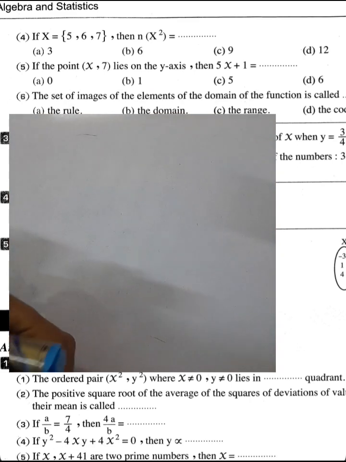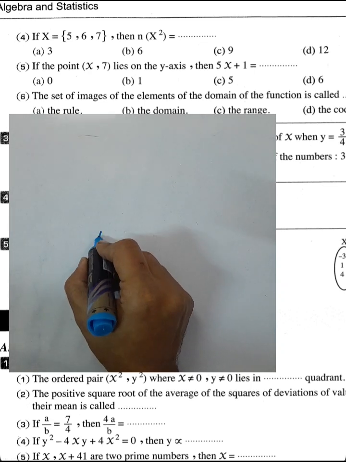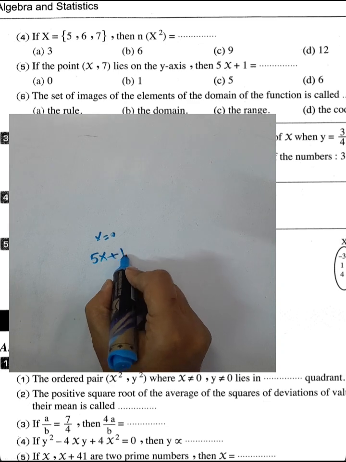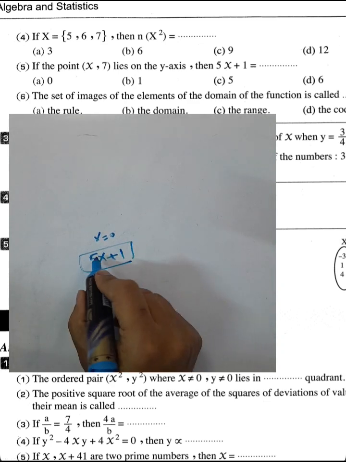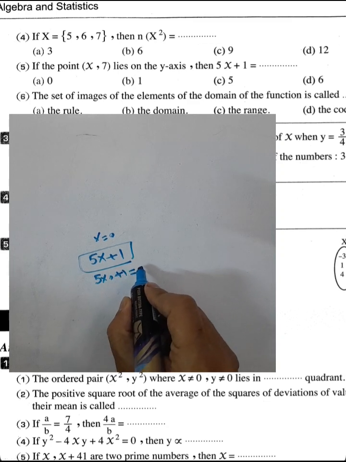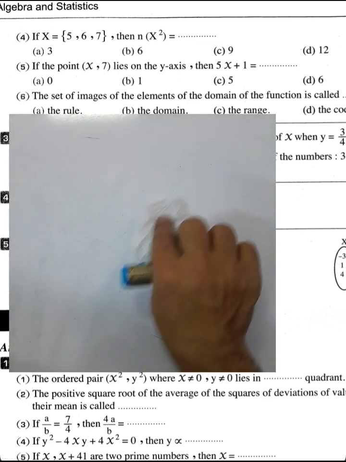Understood? Again, if any point lies on the y-axis, then x will be equal to 0. You can find the value of the expression 5x plus 1: put x equals 0, then 5 times 0 plus 1 will be 1, because this point lies on the y-axis. Question 6.